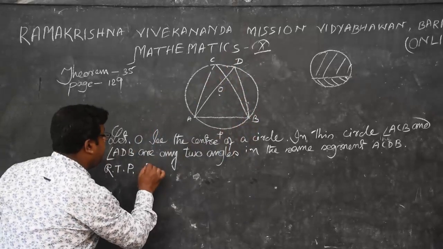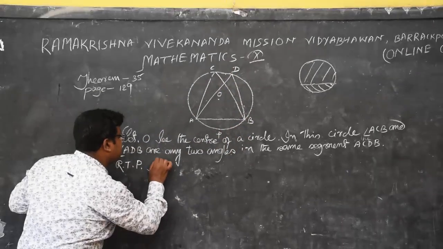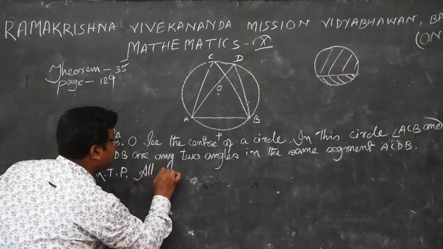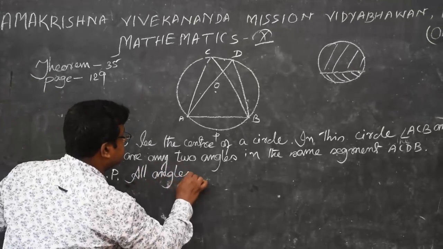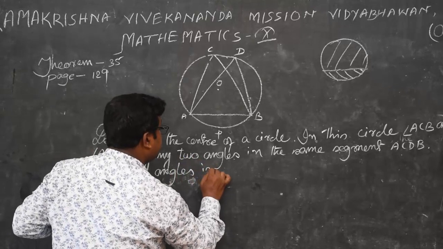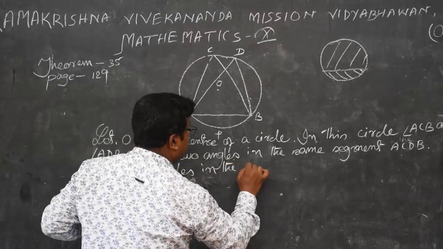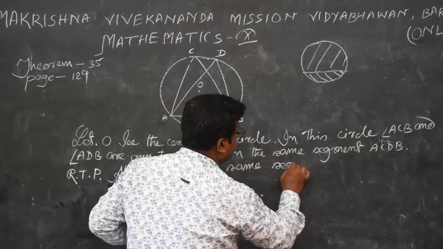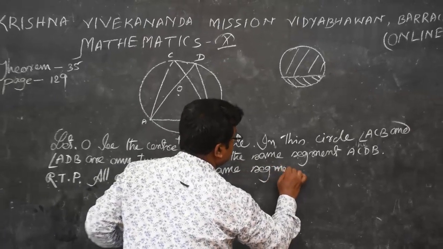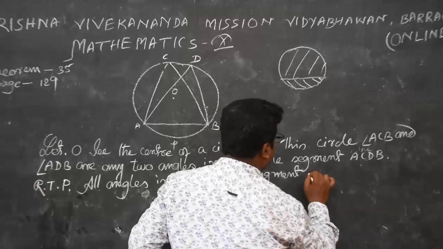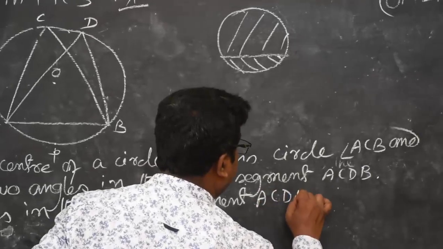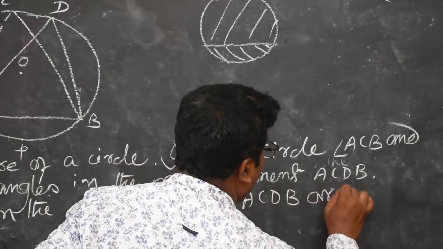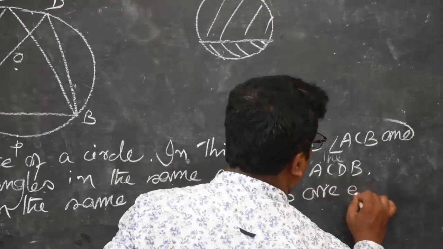Any angles or all angles in the same segment ACDB are equal.